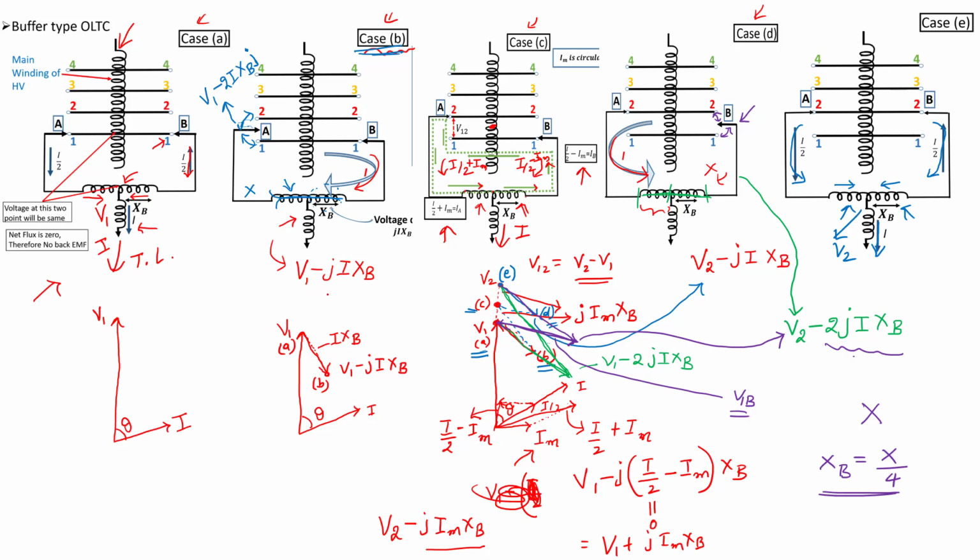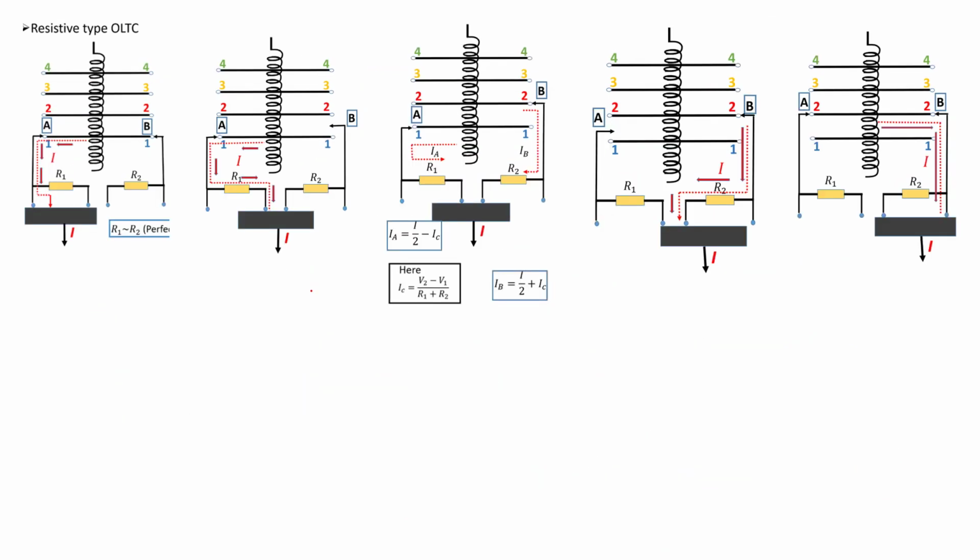So these are the diagrams corresponding to inductive type or buffer type on-load tap changing. Next is resistive type. So resistive type is actually very simple. You can see here the construction of the resistive type OLTC.